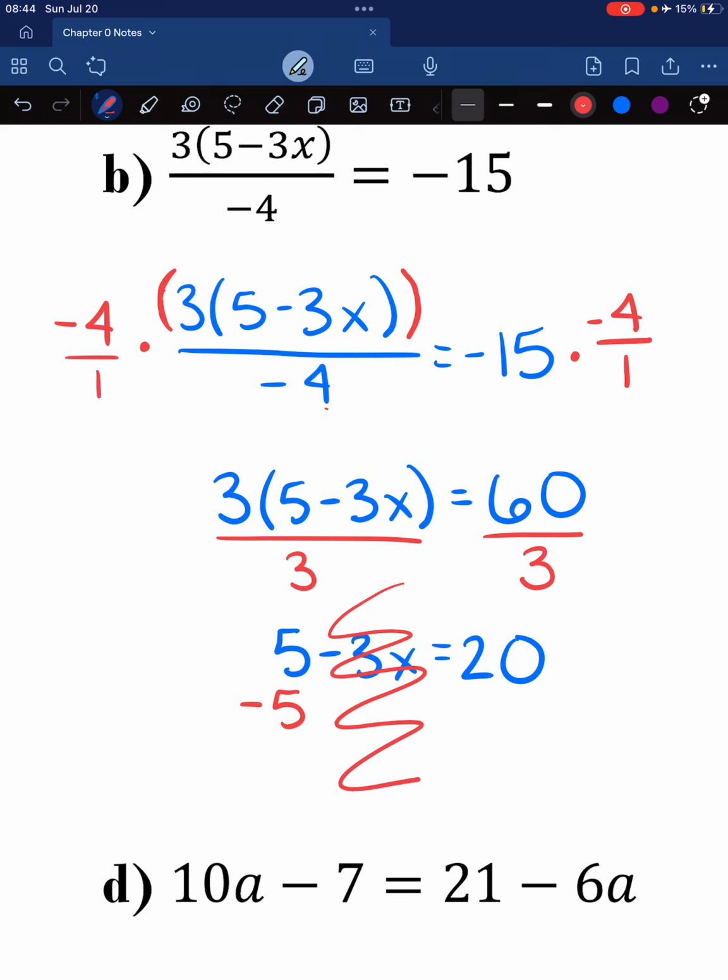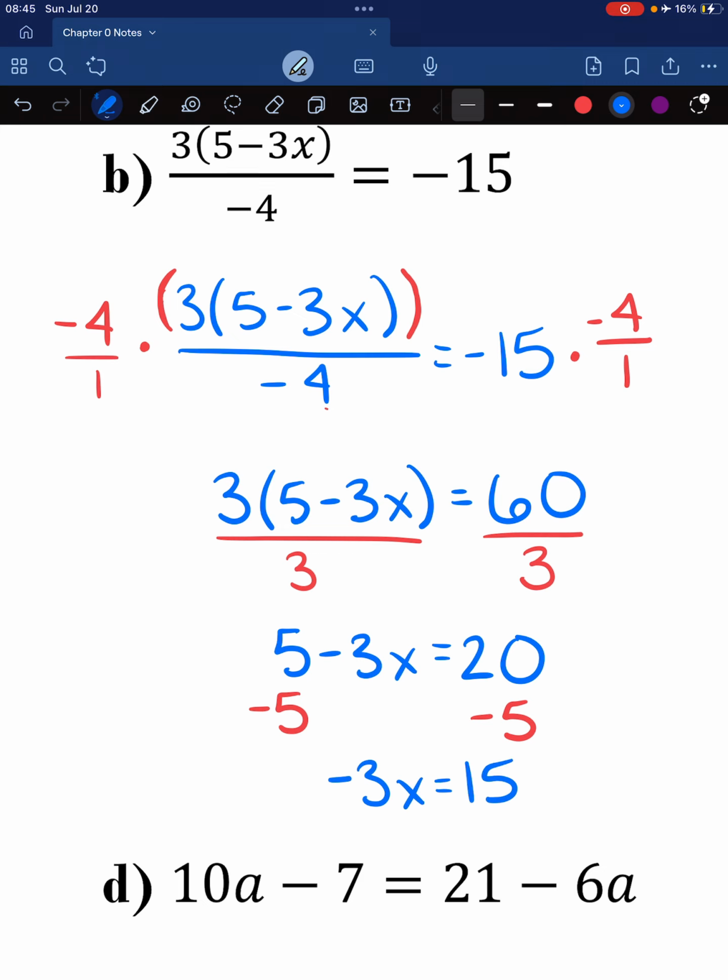That makes sense because I have 5 minus 5, which ends up being 0. So let's get that back. There we go. So we do need to subtract 5. I erased a little bit too much there. This is a minus, but it is also like a negative that belongs to the 3. So minus 3x equals 15.